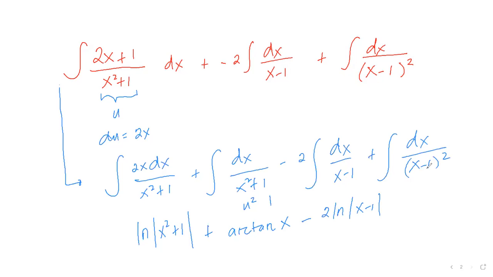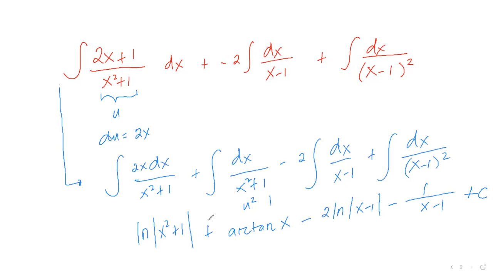This one will be power rule. If this is your u, your du is complete in here. So you just use power rule for this one. So that would be negative 1 over x minus 1. Why? Because this one is negative 2 plus 1. That would be raised to negative 1 over negative 1. So that is why I place this as negative.